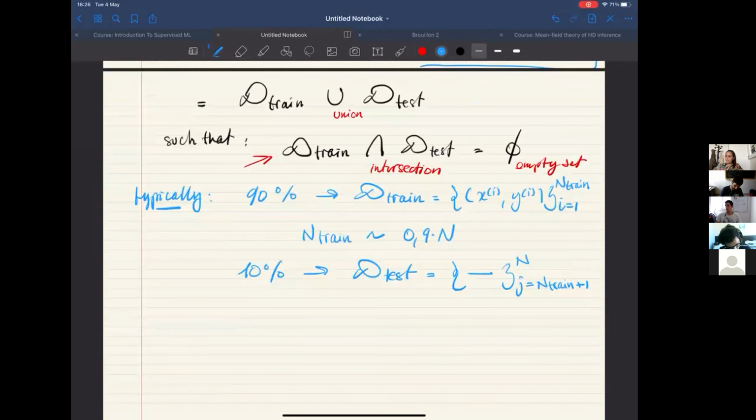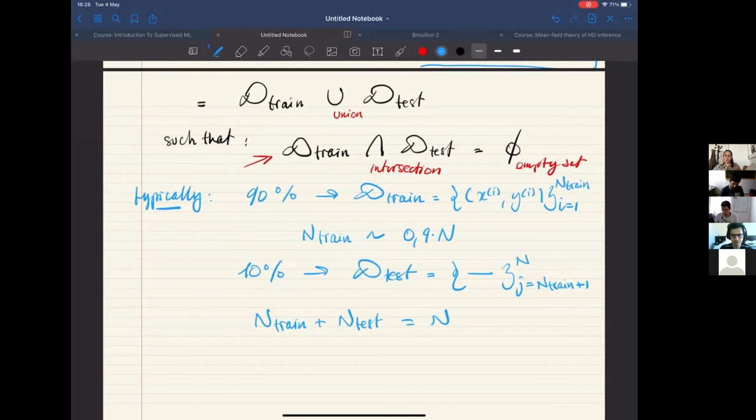And of course, by construction, n train plus n test is equal to n, the total number of samples. Of course, this decomposition into 90% for the training data and 10% for the test data is arbitrary. This is your choice. If you want to do 50-50 because you have something special in mind, you can. There is no theorem here. There is no rule. This is your choice.